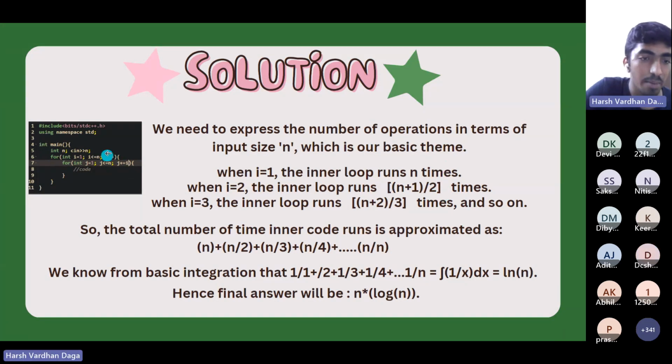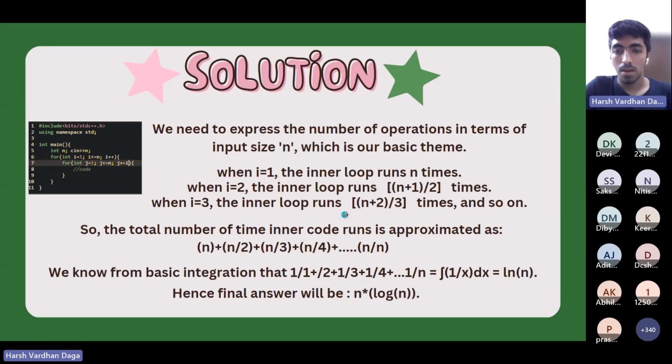When i is incremented again and i becomes 3, then the inner loop is executed (n plus 2) by 3 times. I hope this won't be clear now, so you have to think on this a little bit, and I'll give you time for this.